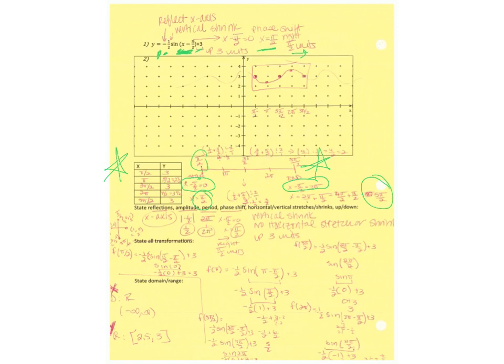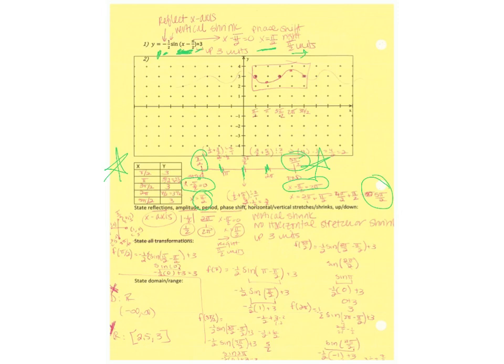Those are your start and end points on your little number line. Then you just do simple math to find the halfway points. So 1/2 pi plus 5/2 pi divided by 2 gets you 3/2 pi. Pi over 2 plus 3 pi over 2 divided by 2 is pi. 3 pi over 2 plus 5 pi over 2 divided by 2 gets you 2 pi.